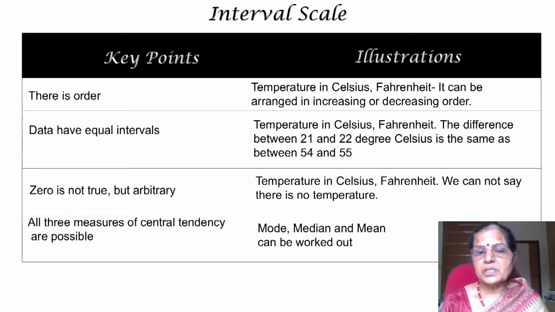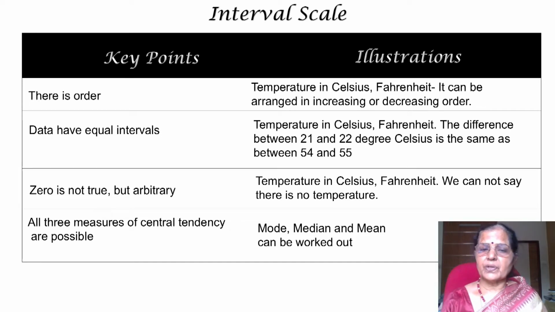When talking about measures of central tendency, which is a topic in basic statistics, with interval data we can calculate mean in addition to mode and median. And this is the advantage of this scale over the other two. Standard deviation can also be calculated. But still, since the zero here is not absolute but arbitrary, other calculations are not possible.